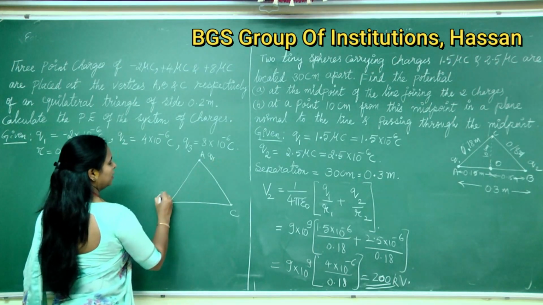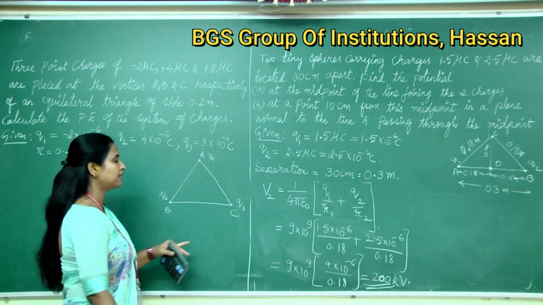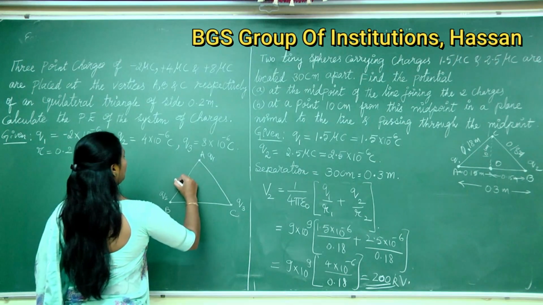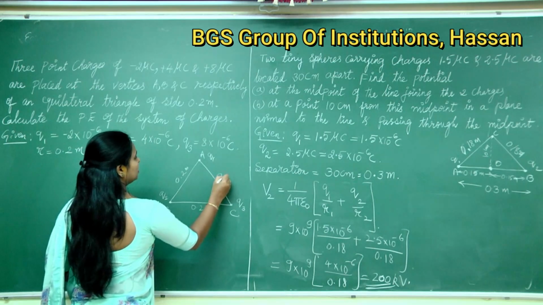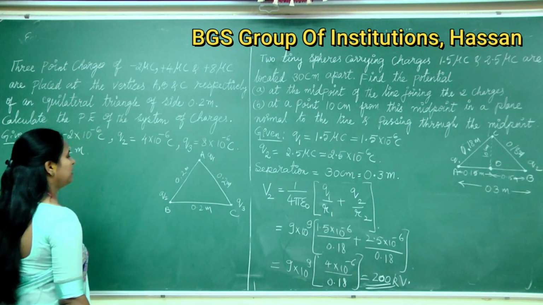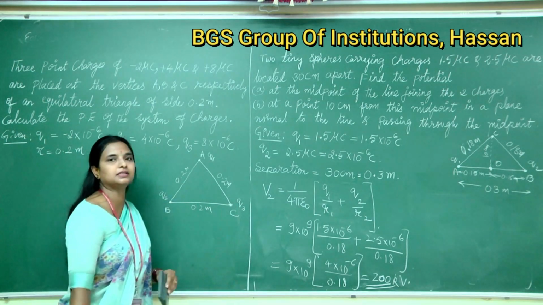It is Q1. Here we have Q2, and at the point C, at the vertices C, we have the charge Q3. And since it is a equilateral triangle, the side will be same, and it is 0.2 meter. So we can directly solve this type of problem. It is a very easy problem.